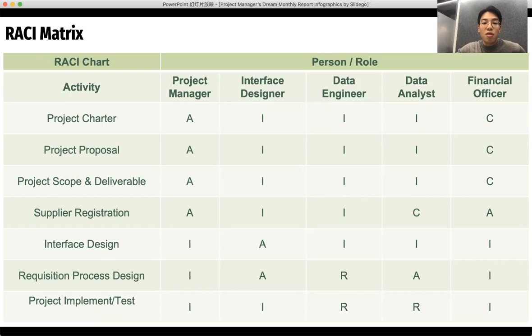So the financial officer and project manager have the most authorization on the project conceptual design, the most decisions about the project's scope, deliverables, the project proposal part, and they are also in charge of how to connect with suppliers to get information from them.